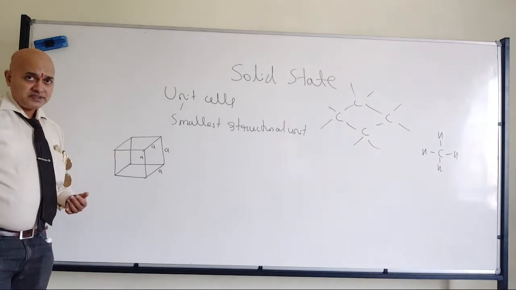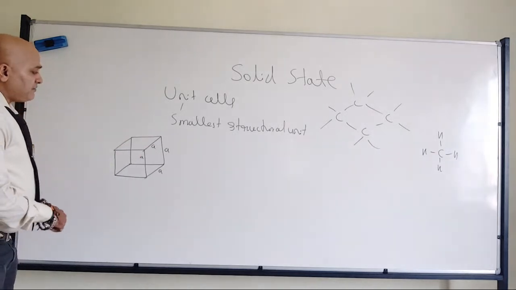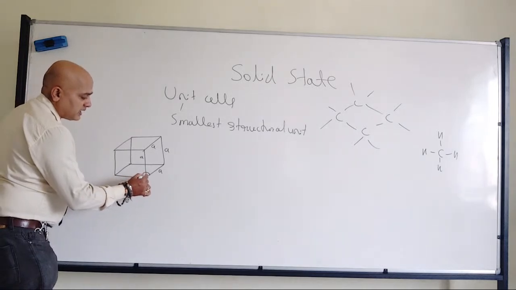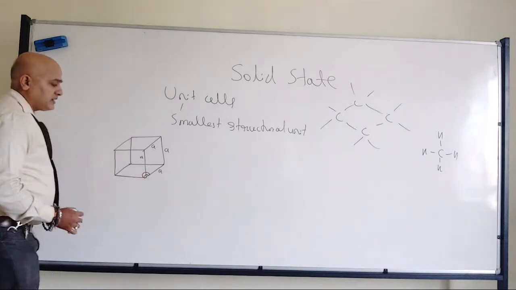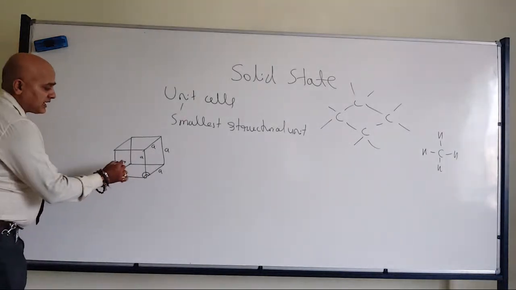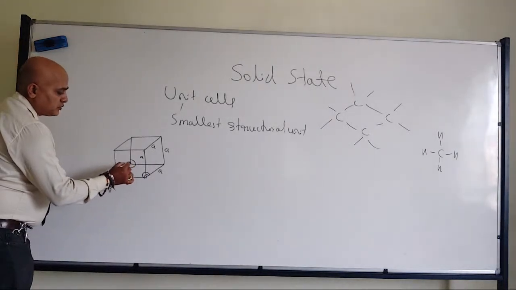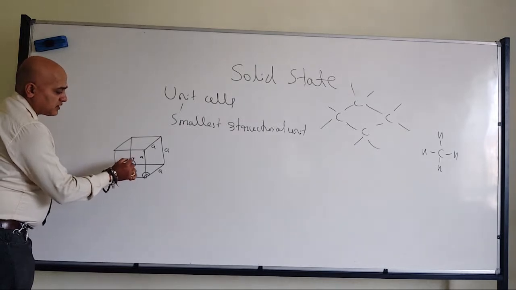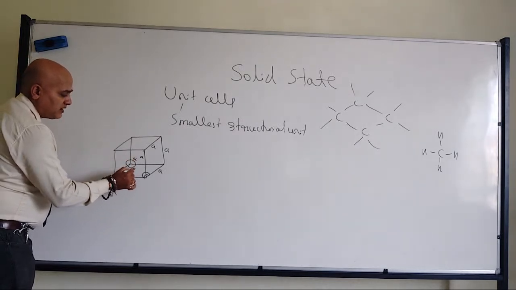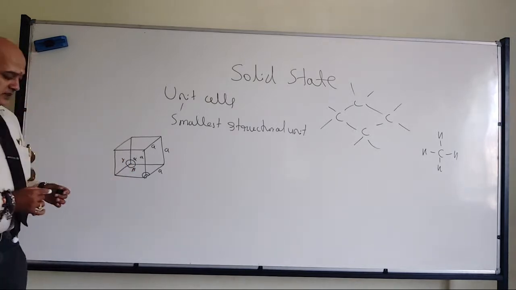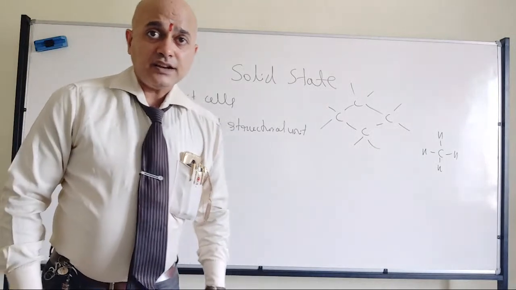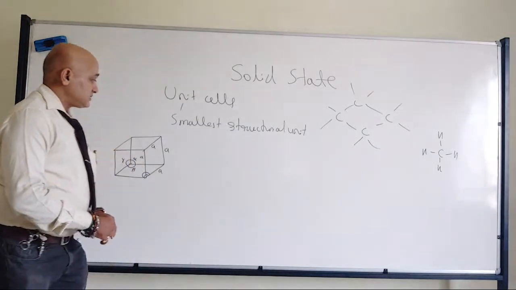Same way, there will be angles at this particular point, 1, 2, 3. This is one angle, this is one angle, this is one. I will represent them as alpha, beta, gamma. They are called edge angles.